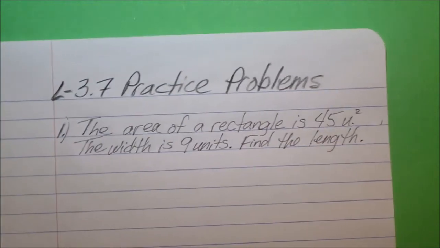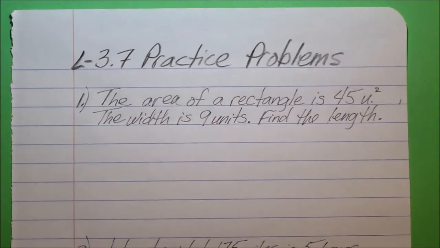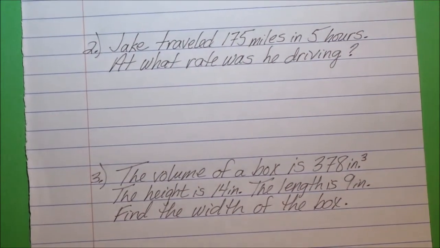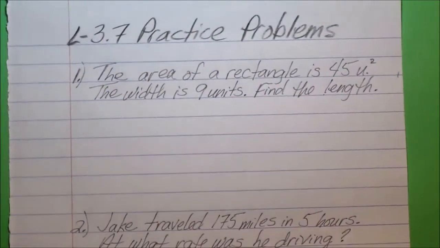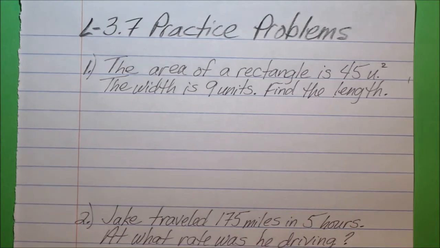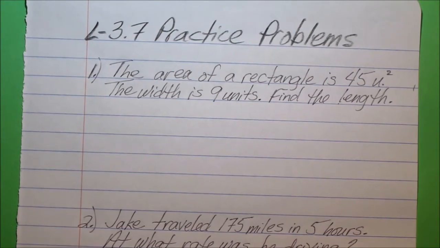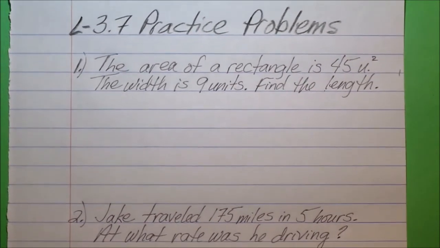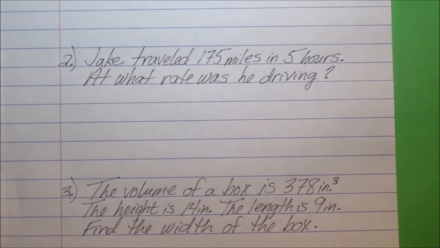All right, so here's problem number 1. Actually, I think I'll just read this out loud. Problem number 1 says, the area of a rectangle is 45 units squared. The width is 9 units. Find the length. And problem number 2.